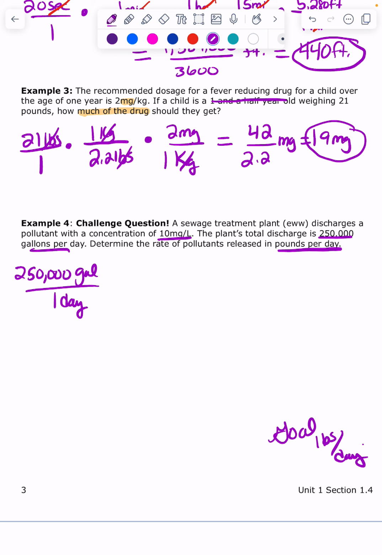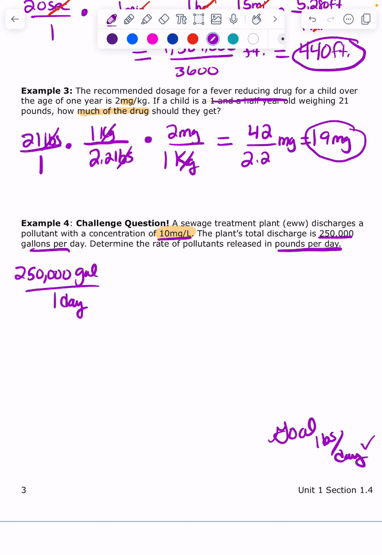Well, I already have the day part done. I just need to get rid of gallons somehow and make it into pounds. So probably that other piece of information is going to be helpful because it's milligrams to liter, which is a weight to a volume. And that's exactly what I need.